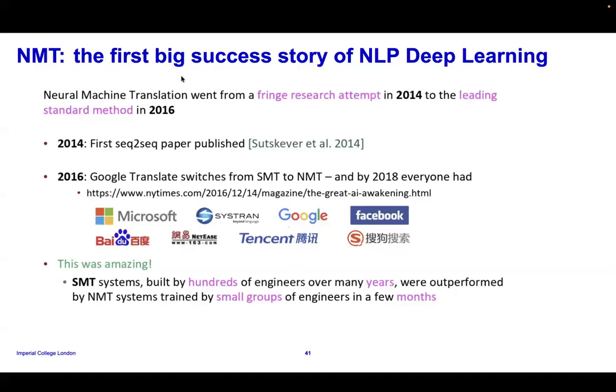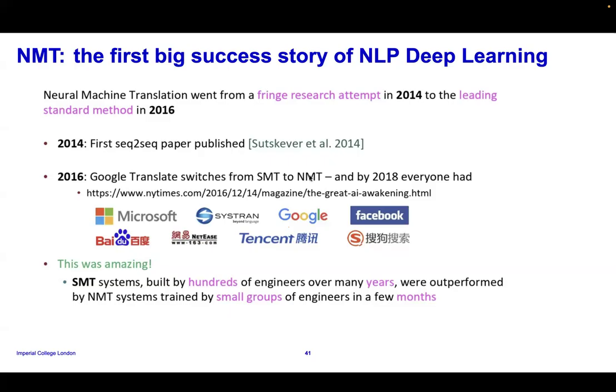The very big success story for NLP, as I said: the very first paper for Seq2Seq was published in 2014, and Google in 2016 switched from statistical machine translation, because this paper brought a very good way to do machine translation using Seq2Seq.